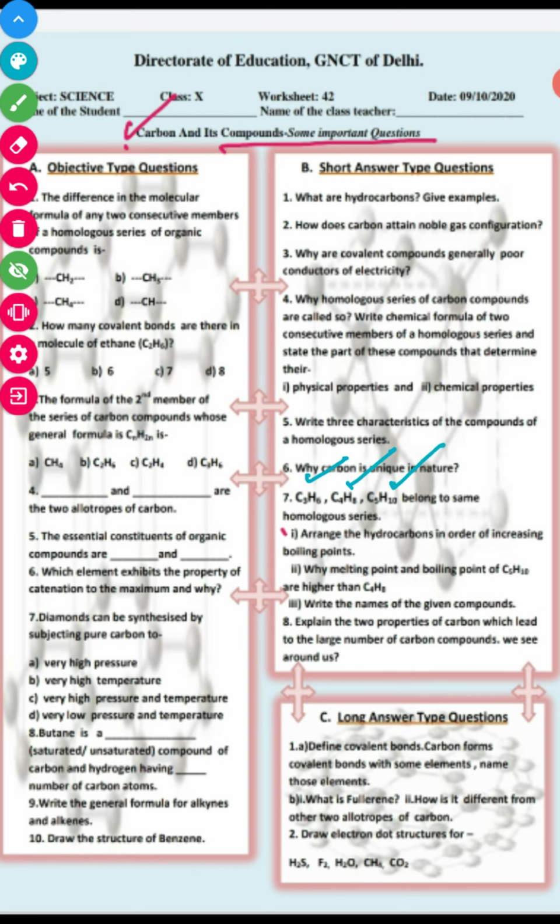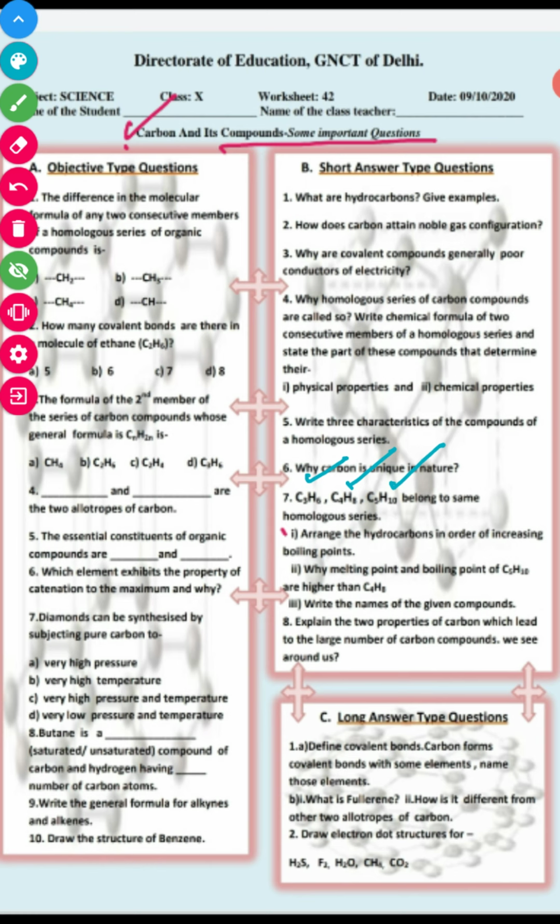Explain the two properties of the carbon which lead to the large number of compounds we see around us. See, the property of making the covalent bond with the other carbon atom and atom of the other element. It has 4 valency which helps in making the chain with the other carbon atom.